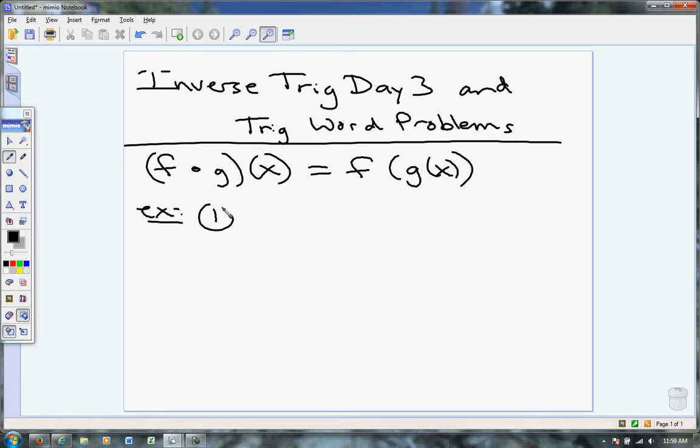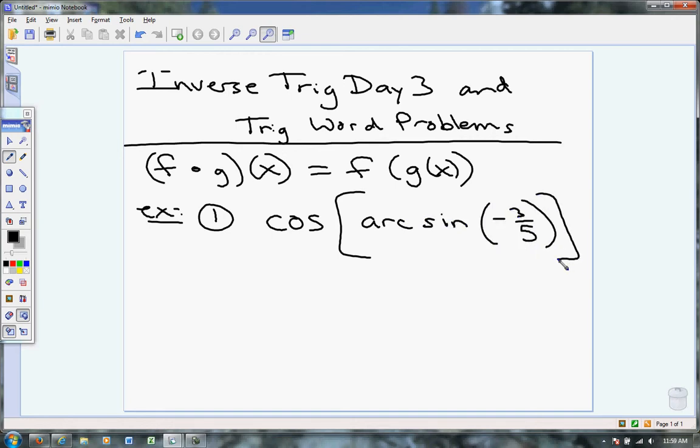Here's our first example. Let's say that I have the cosine of, in a bracket, arcsine of negative 3/5. Well, this is a composition of functions. I have an inner function and an outer function.